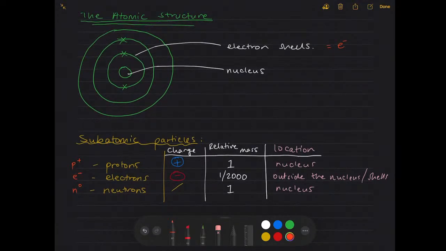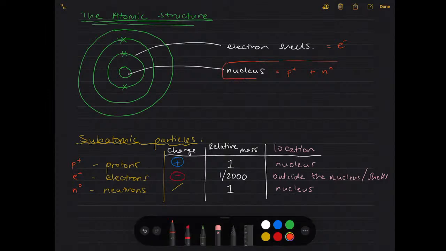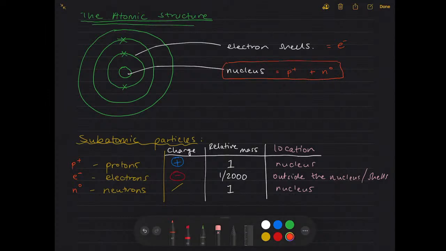The nucleus, on the other hand, contains both protons and neutrons. And it follows that this is equal to the mass of the atom, because as we've already said, electrons have almost zero mass.